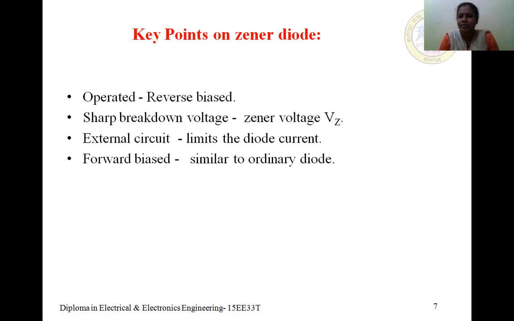It has a very sharp breakdown voltage with a constant voltage Vz, and in the forward biased condition it is similar to an ordinary diode. By connecting an external circuit, we can limit the diode current. This is one of the advantages of the Zener diode.